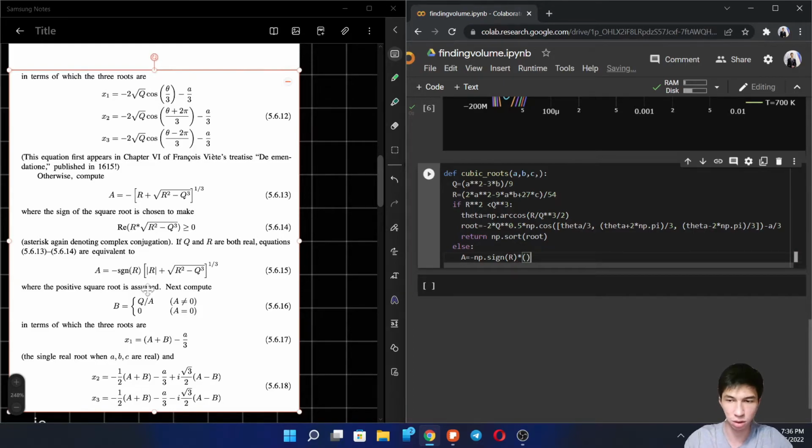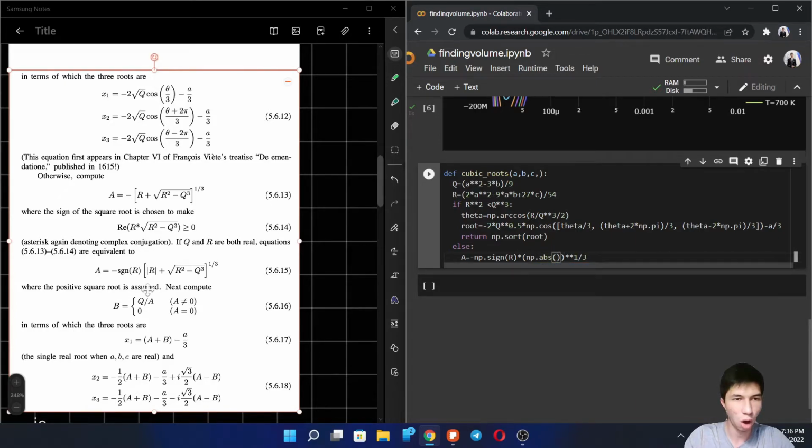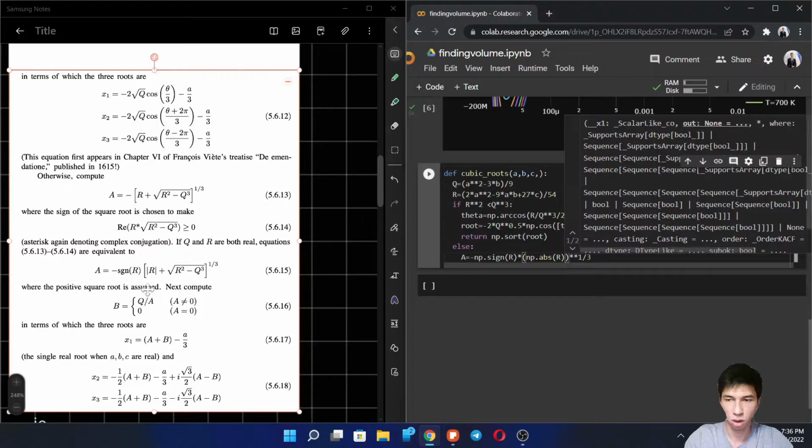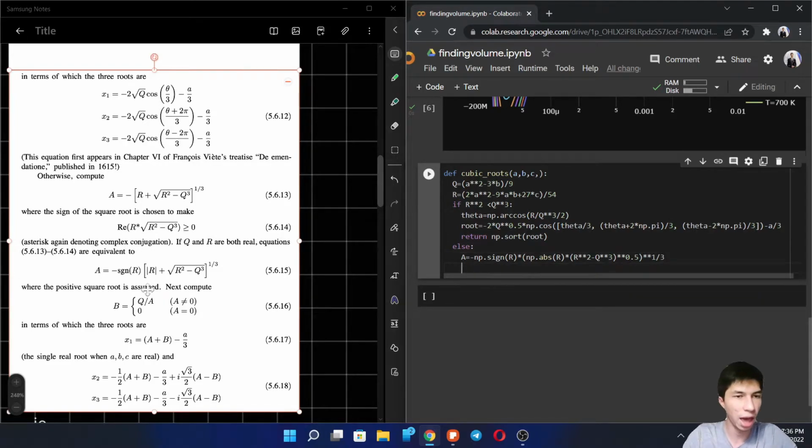We're going to have a big parentheses for the power so that we don't miss anything. And numpy absolute value of r plus, we're going to have r squared minus q cubed, raised to the power 0.5, right?